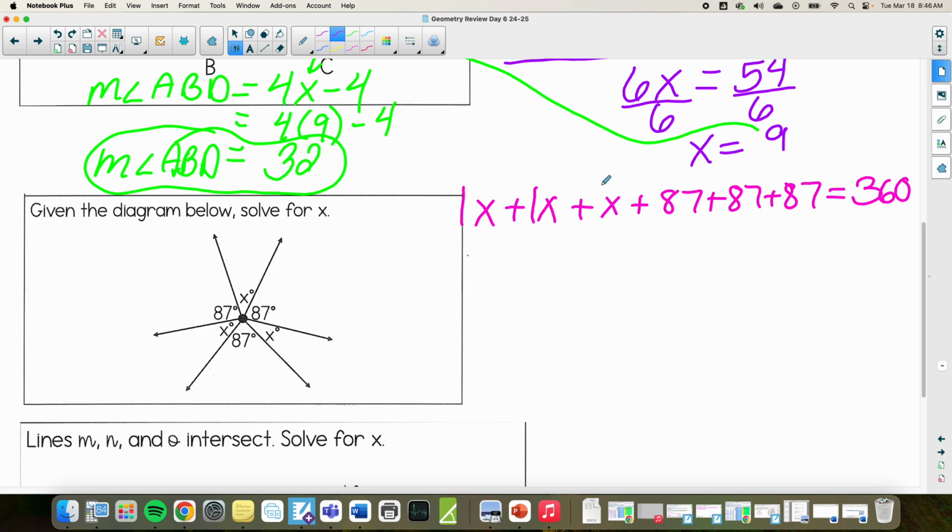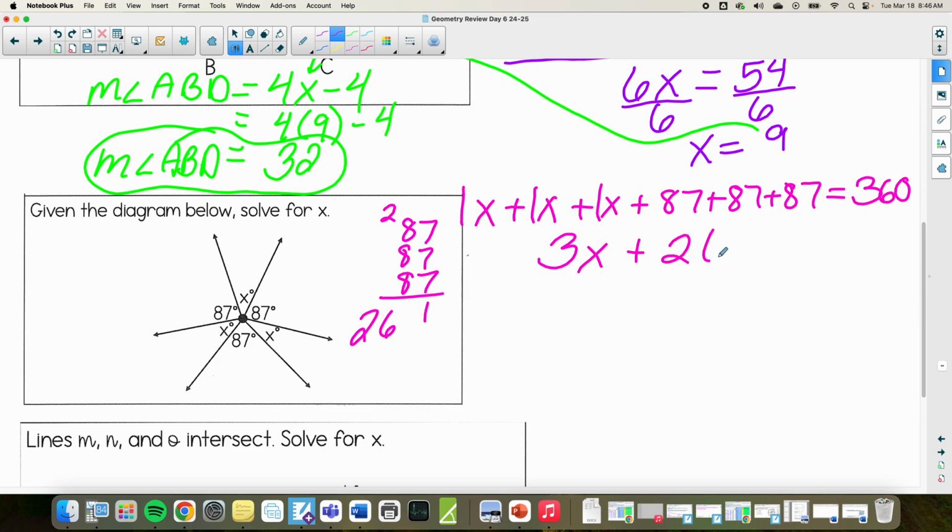1x plus 1x plus 1x is 3x. 87 plus 87 plus 87, if you wanted to, you could do that by hand. Like I said, I don't know if they would let you use a calculator or not. So this would be 261, I believe, okay?